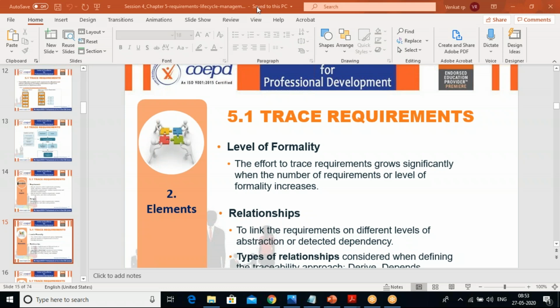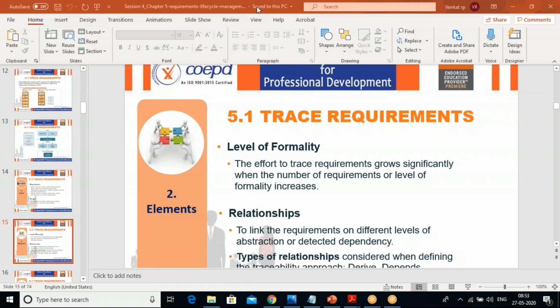That means at every hierarchy, a change to a particular requirement will have an impact. The effect of change is felt at every level of the related requirements and designs. That is what we have to ensure.